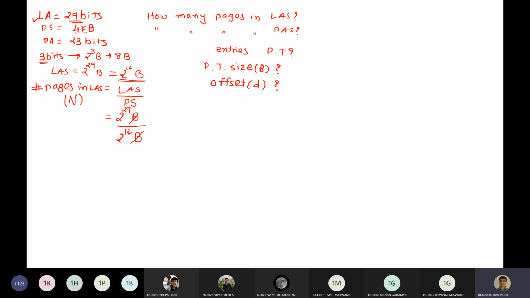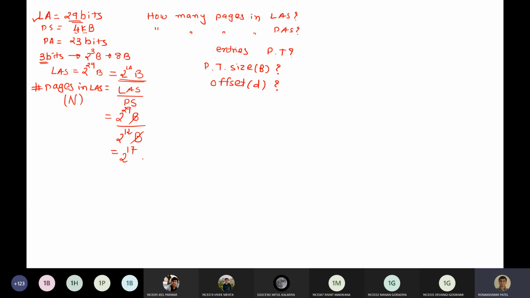And when you have division, what will it give? The subtraction of powers. So 29 minus 12 gives you 2 raised to 17.